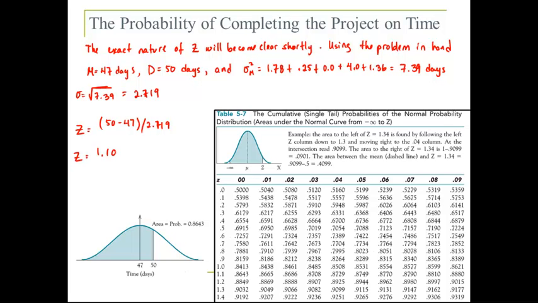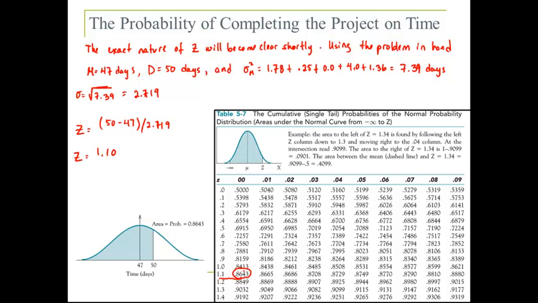It's 0.86. So for 1.1 and 0, that tells you that you have a 86% probability of completing that path of the project in 50 days.